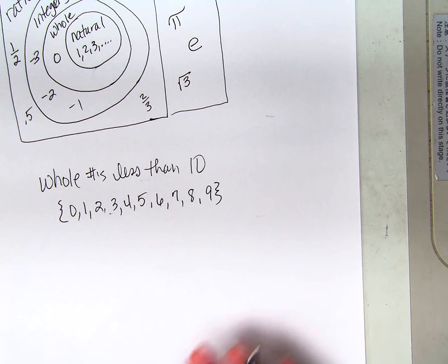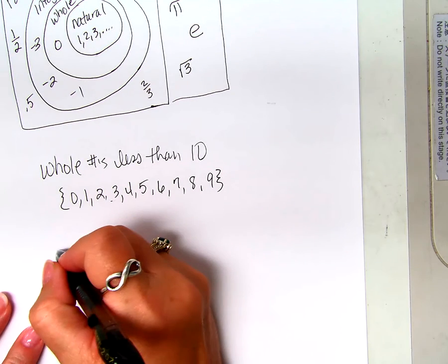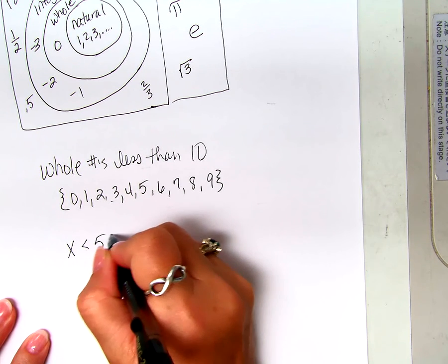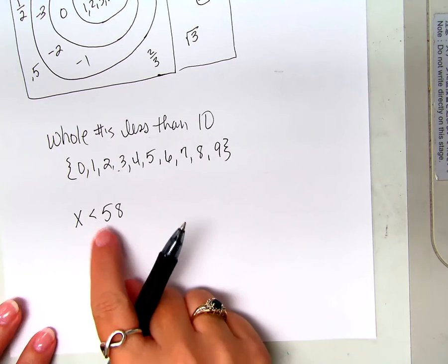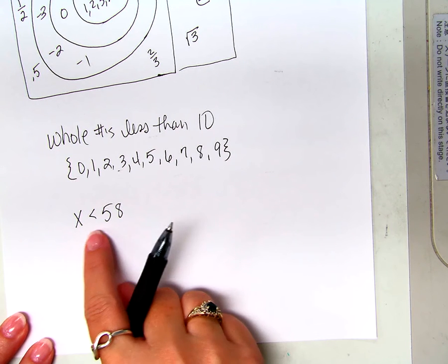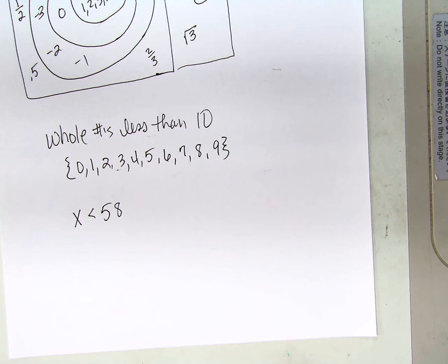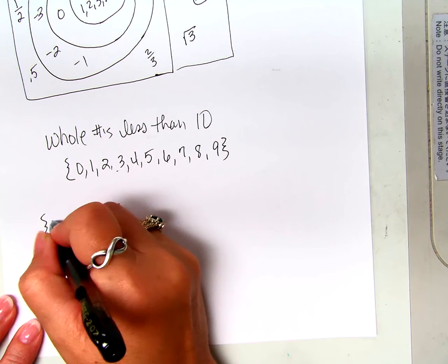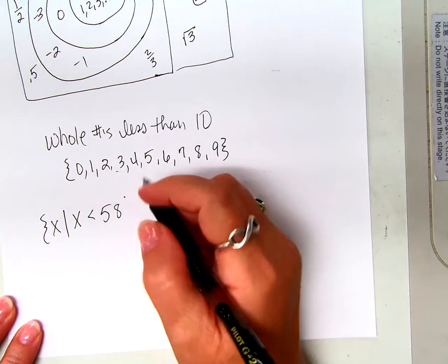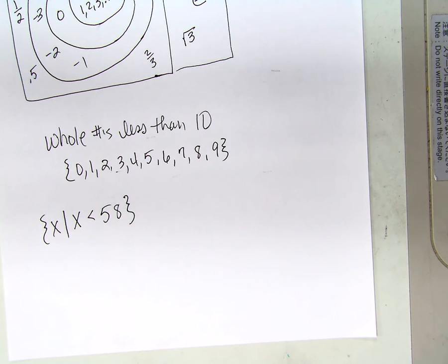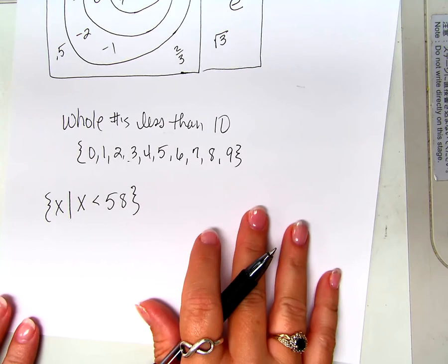Okay? Now, some of the other problems on your homework will say something like x is less than 58. How do we write this in interval notation? This is in set builder notation. Oh, let me actually teach you one thing before I ask you that question. It might look like this. What does that mean?